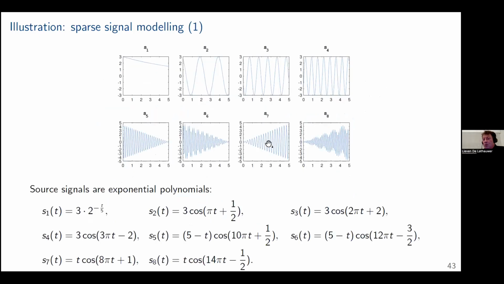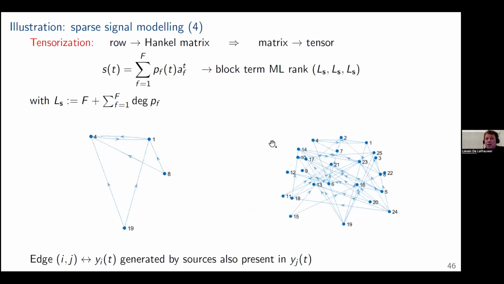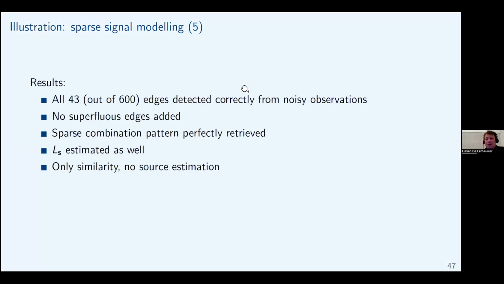So it turns out that this is a problem that you can solve just by basic linear algebra by using these theorems. And we did that. It's actually, again, a tensorization thing where the set of signals that we have here, we first map it to a tensor through some Hankel mechanism, and we will find block terms, and everything will come out in an easy way.